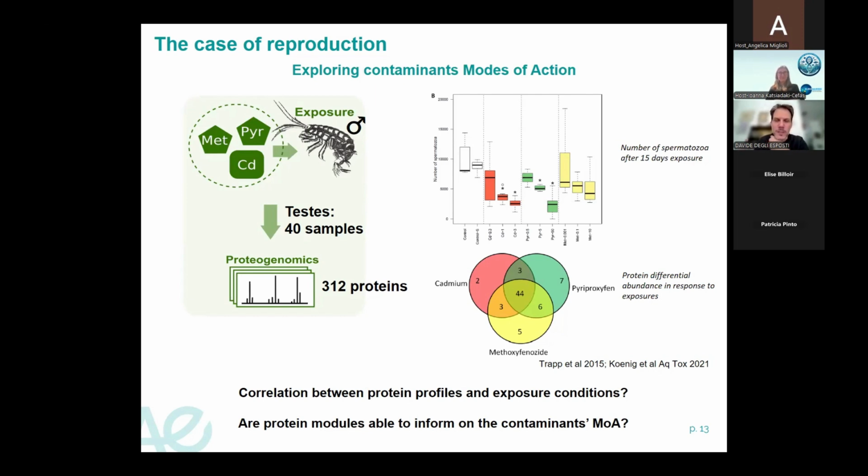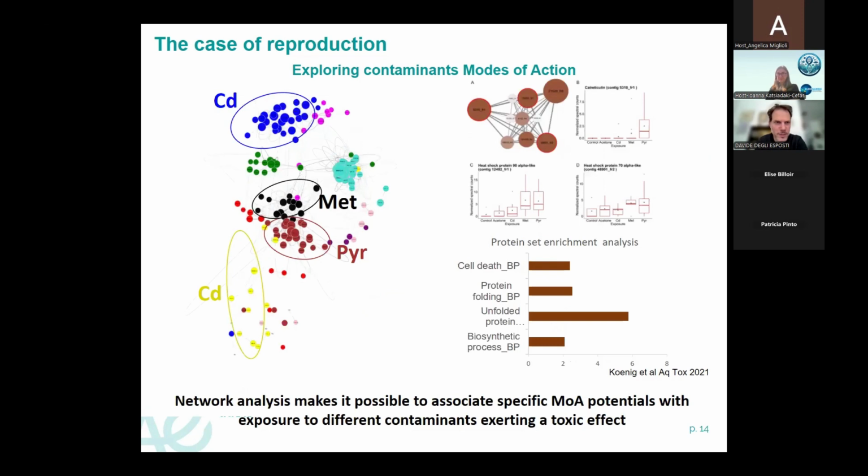But with the standard differential expression analysis approach, there were very few proteins that were specific to each contaminant. So we decided to see if this data-driven approach based on co-expression networks could help us to inform about the contaminants' modes of action, and here are the results.